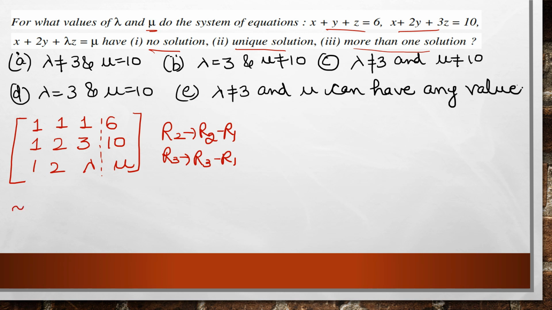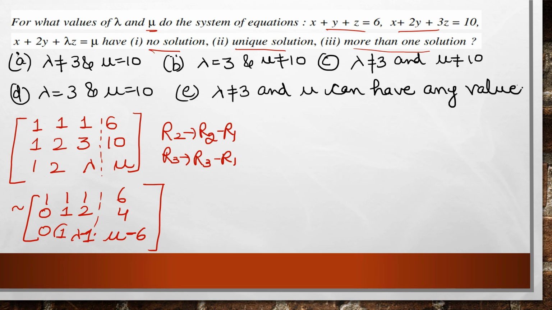So what will you get? We'll get 1 1 1 6, then 1 minus 1 is 0, 2 minus 1 is 1, 3 minus 1 is 2, 10 minus 6 is 4, and then 0, 2 minus 1 is 1, lambda minus 1, and mu minus 6. Fine. Now here I want this element to be 0, so what should I operate?